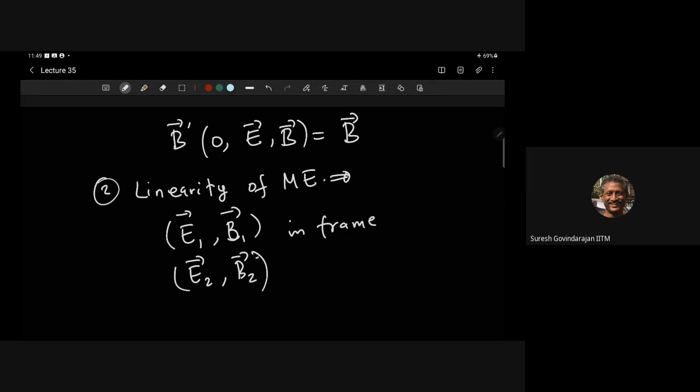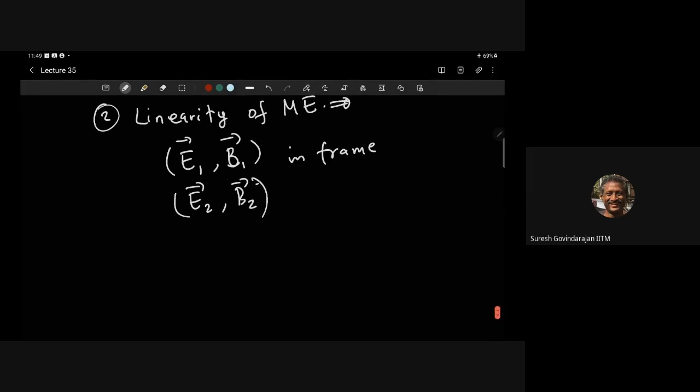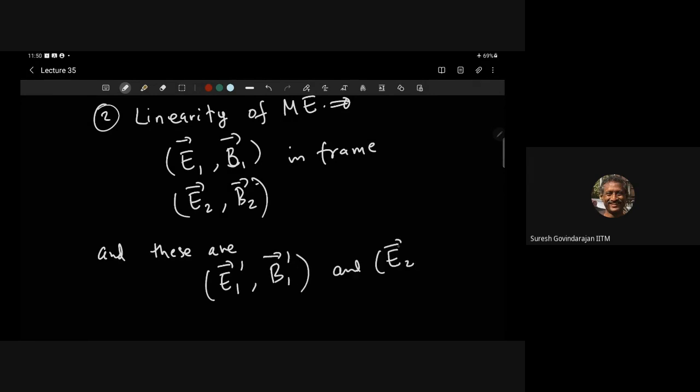So we have, like we did in the superposition thing, the same thing, and these are say E1 prime, B1 prime, and E2 prime, B2 prime in frame B. Is this clear? So this is what we have.